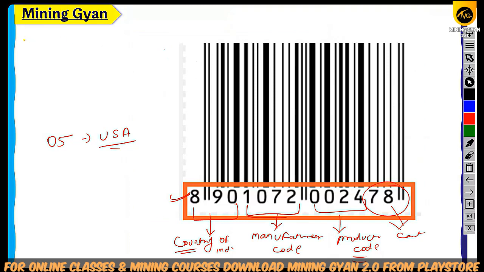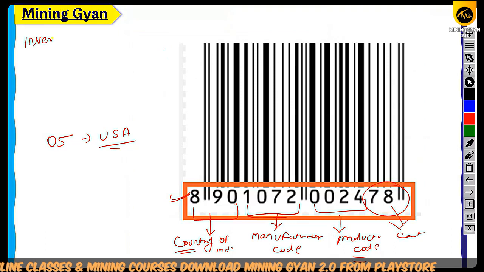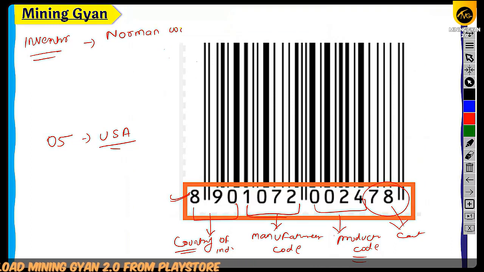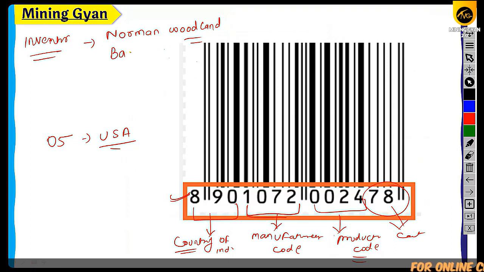So the barcode's inventor is Norman Woodland. Basically the barcode was invented by Norman Woodland, and the second partner of Norman Woodland is Bernard Silver.